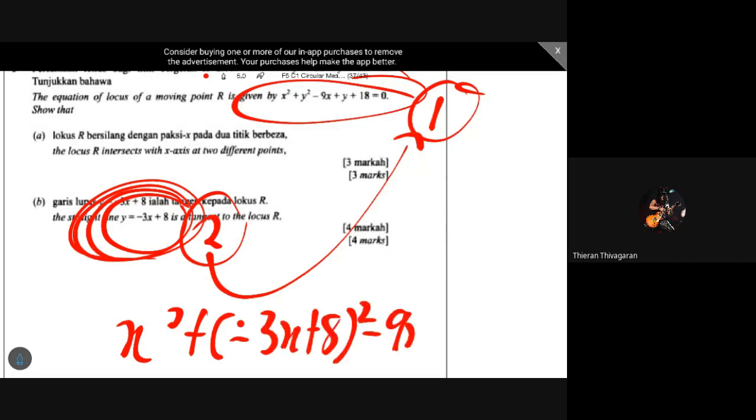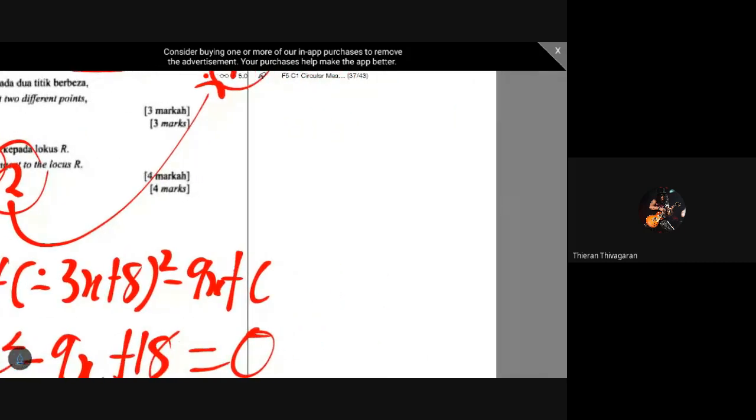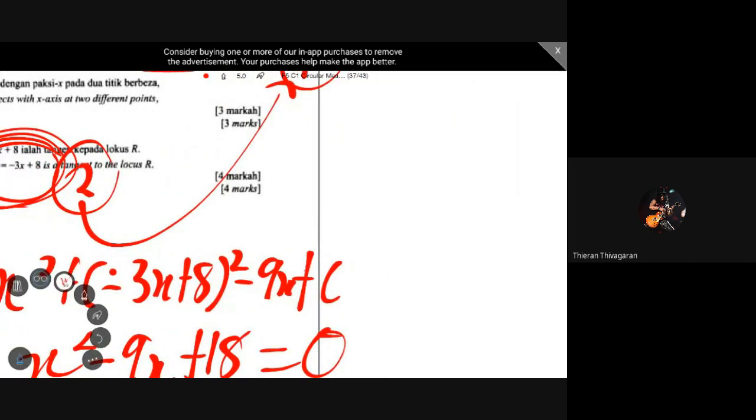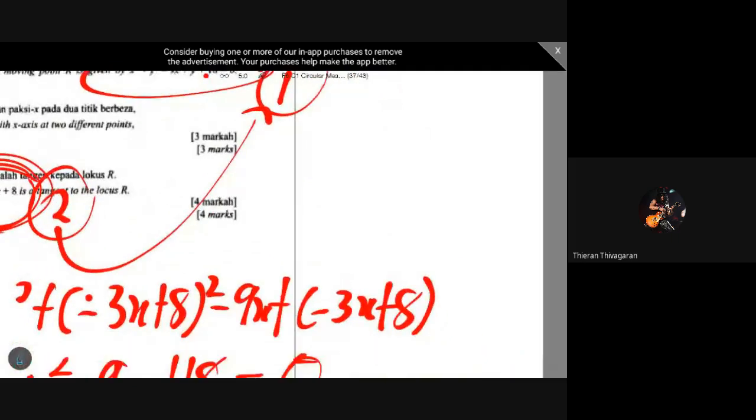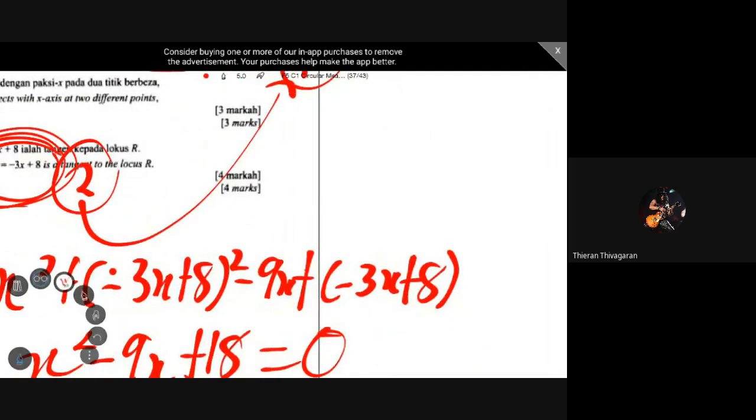It will become a bit complex, guys, but you have to stick with me. Kamu kena berada bersama saya. Walaupun sedikit kompleks, masih boleh selesaikan, tak susah. Kamu kena percaya kepada kemahiran algebra kamu. You need to trust in how good your algebra is. Then you can solve already, no problem.